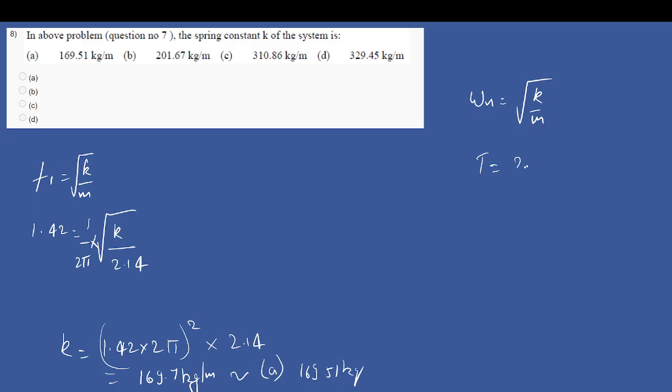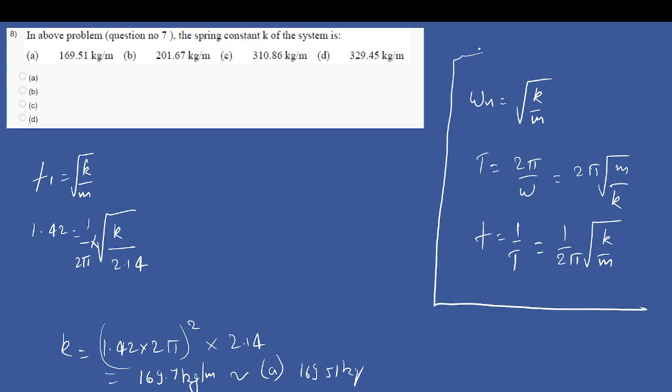Time period is 2 pi by omega, so time period is 2 pi root over m by k. Frequency is 1 by time period, so it's basically 1 upon 2 pi root over k by m. Sorry guys, it's been a while since I touched this. So always remember this: omega n is equal to root over k by m, time period is equal to 2 pi by omega, and frequency is equal to 1 by t, which is 1 by 2 pi root over k by m.